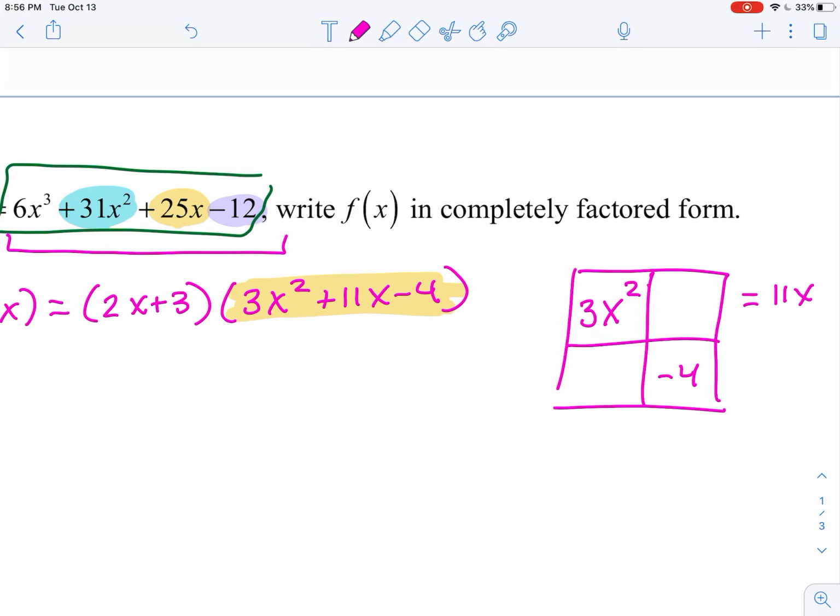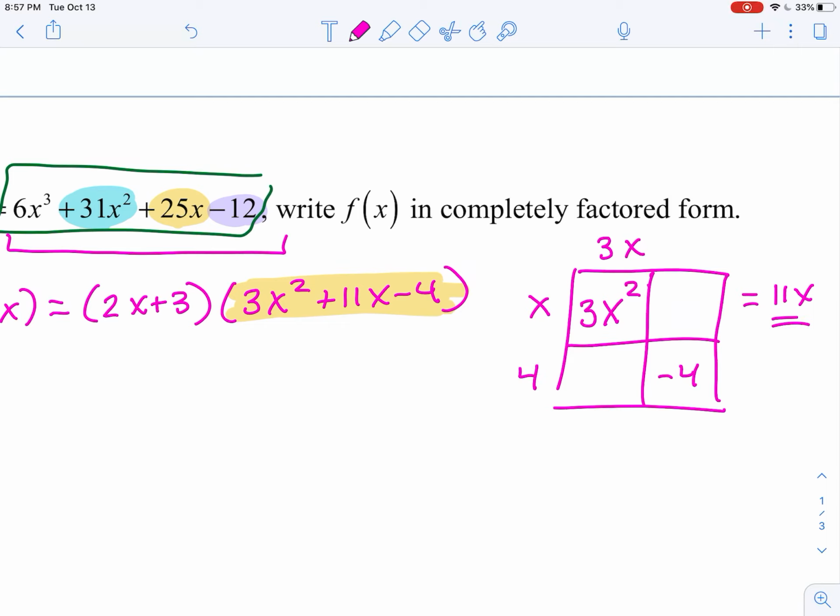So what multiplies to make 3x squared? Well, a 3x and a 1x. What multiplies to make negative 4? Well, that could be a 1 and a 4 or a 2 and a 2, where one of them is negative. But I'm trying to get this 11x total, so I need a pretty big number.